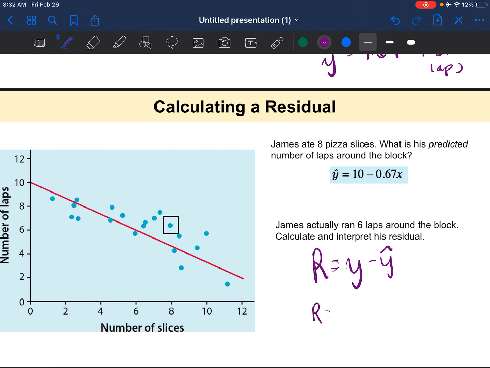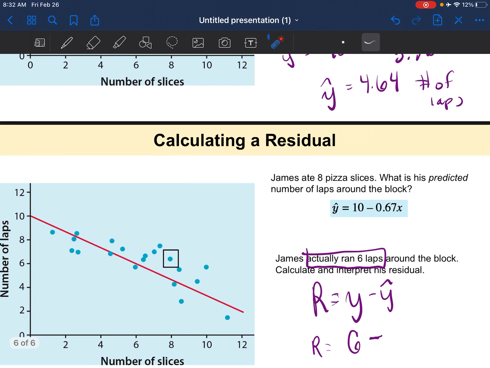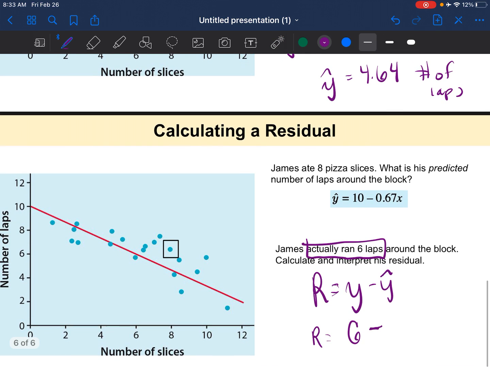So how many laps did he actually run? He actually ran 6 laps. So 6 minus predicted. How much did my equation predict he would run? The equation predicted he would run 4.64. So what's the difference between here and here?